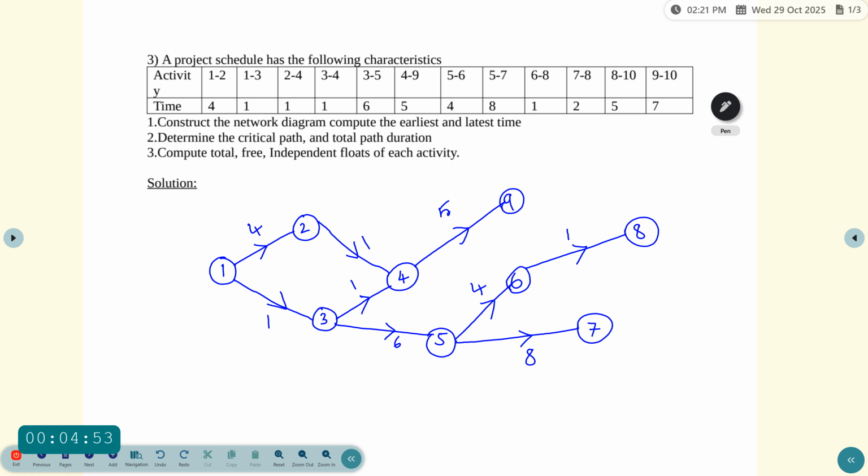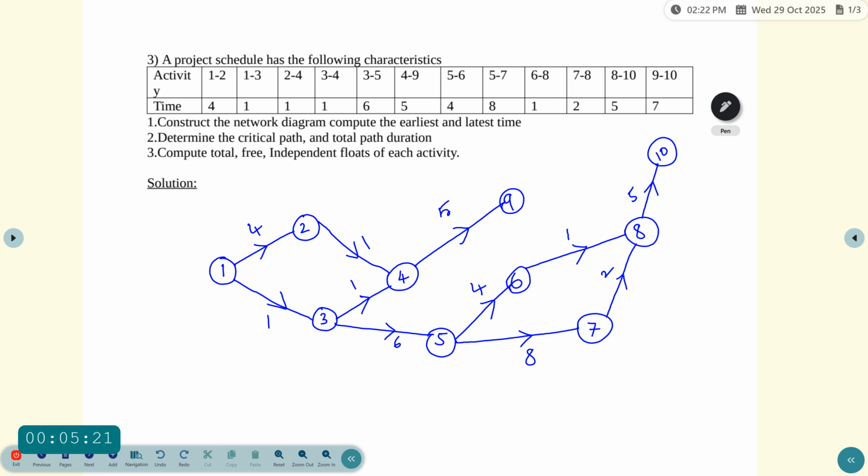Then 7 to 8: 7 is there, 8 is there, so connect 7 to 8, and the duration is 2. Now the next activity is 8 to 10. 8 is already there, and the new event is 10, and the duration of 8 to 10 is 5.